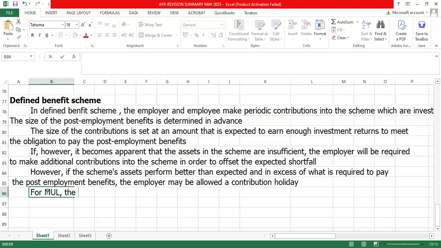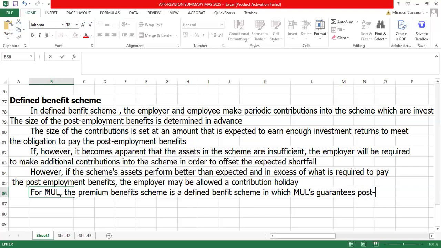For Moore's case, the premium benefits scheme is a defined benefit scheme in which Moore's guarantees post-employment benefits.